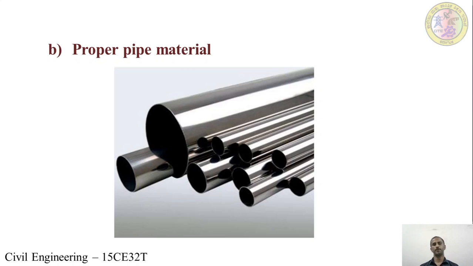Second method of protecting the pipe from getting corroded is using the proper pipe material. By making iron and steel pipes in alloy with copper, chromium and nickel, the effect of corrosion and rate of corrosion can be decreased.